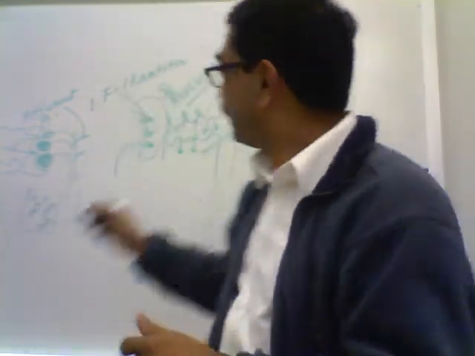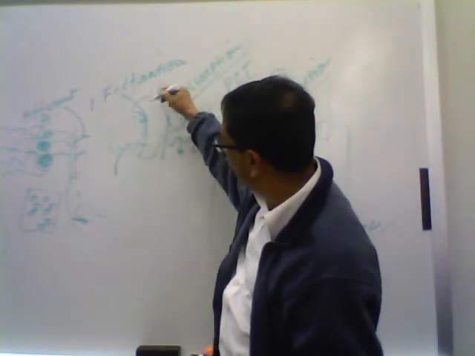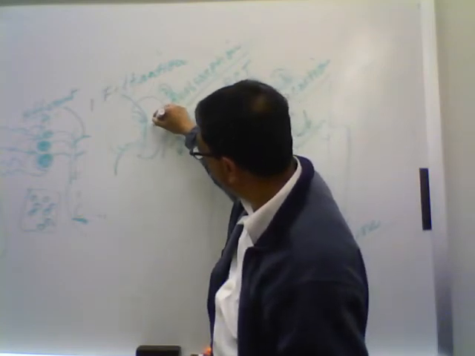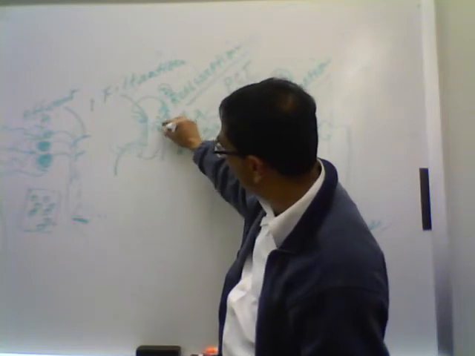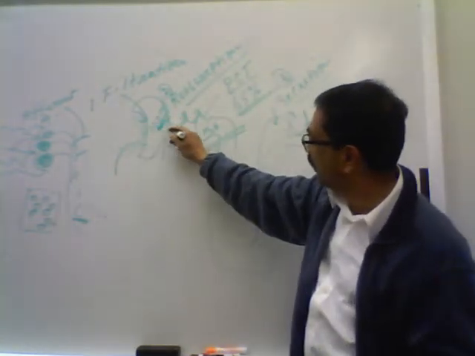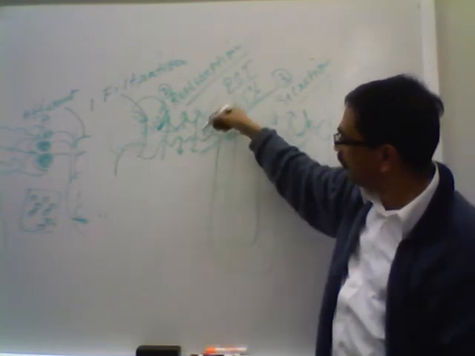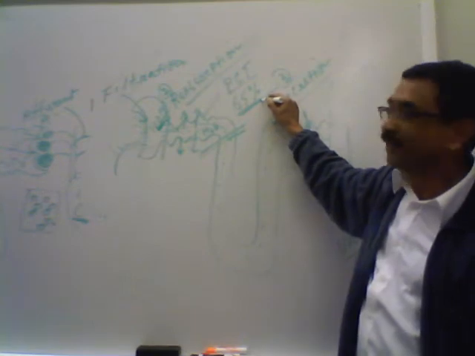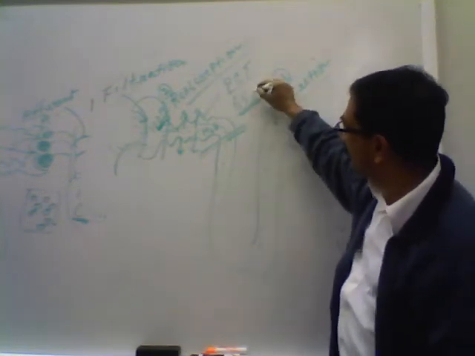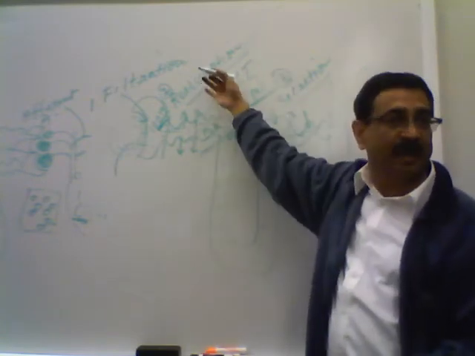Now just think, if your filtration is 100 milliliter, so 100 milliliter fluid is here, and when it will pass through the proximal convoluted tubule, how much will be reabsorbed? 65 milliliter, right? 65% means, since this is 100, 65 milliliter will be taken back into the body.